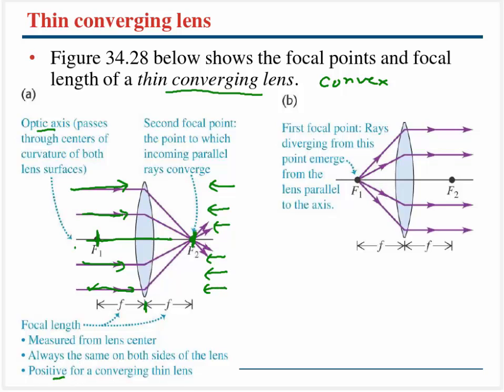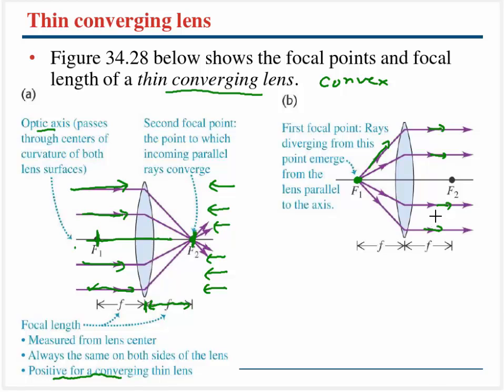This focal length is always going to be positive for a converging lens, and it's going to be the same distance on each side of the lens. We could also say if we have a light source located at the focal length, then we can just reverse these rays, and we're going to get parallel rays coming out on the other side of the lens.